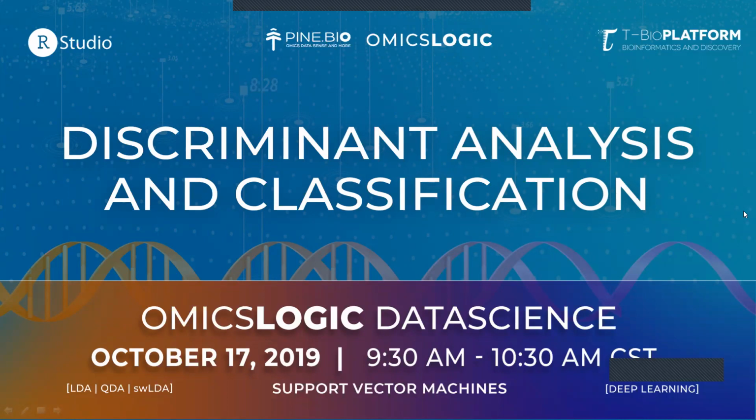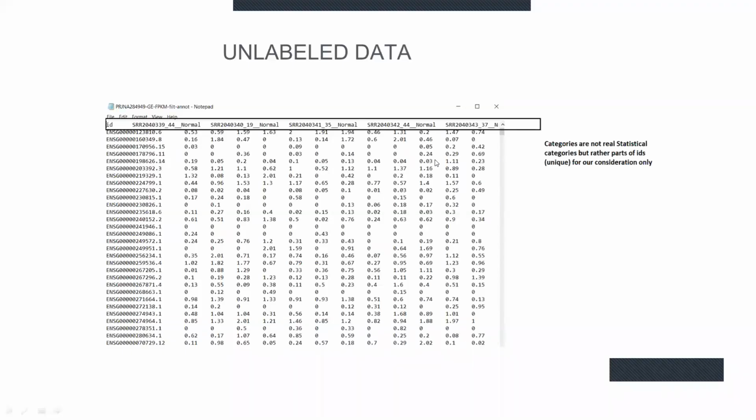So before we start with some new things, let's just make a small recapitulation of some things we talked about before. So we were talking about labeled and unlabeled data. And last time we saw that unlabeled data, in a machine learning or statistical way of thinking, is the data that has unique labels.